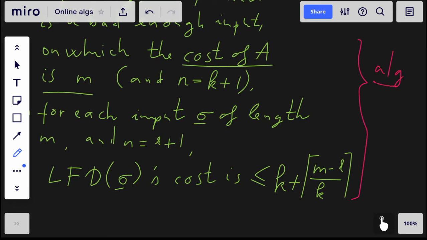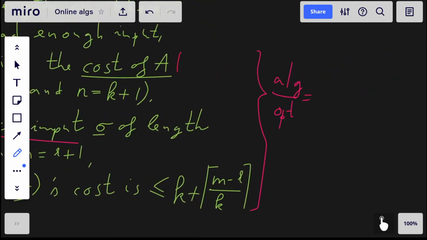And of course from these two statements we will get the result, because then the algorithm's cost divided by the optimum cost for this input, because for every input this will hold, and in particular for this bad input as well, the algorithm's cost will be at least as large as M, divided by K plus (M minus K) over K. Right, so here I am using this one, and since the denominator is larger, it will make the fraction itself smaller.